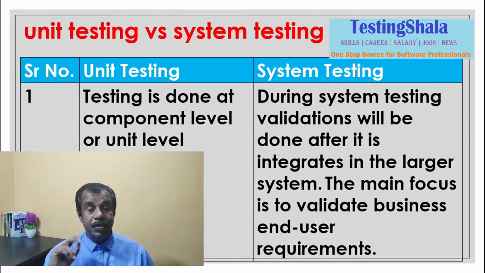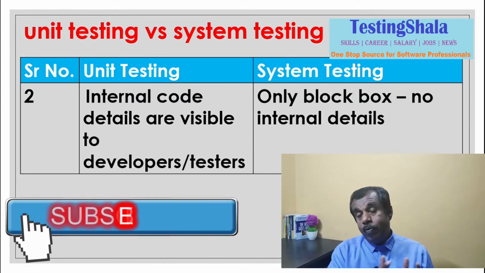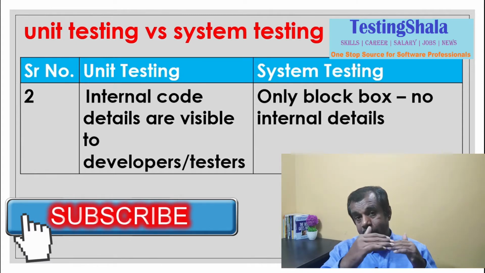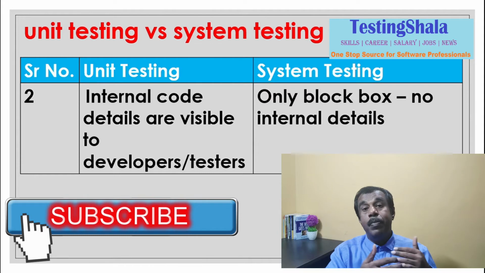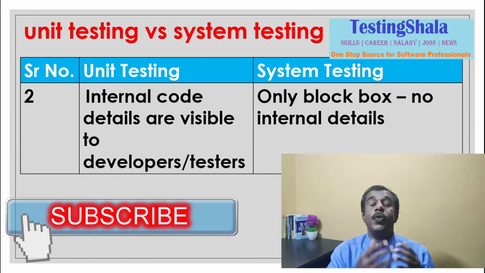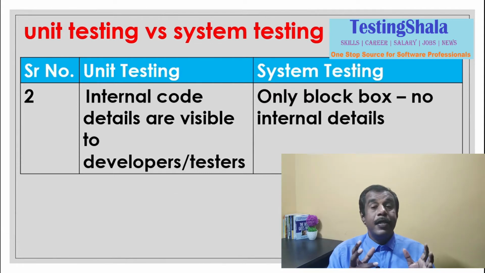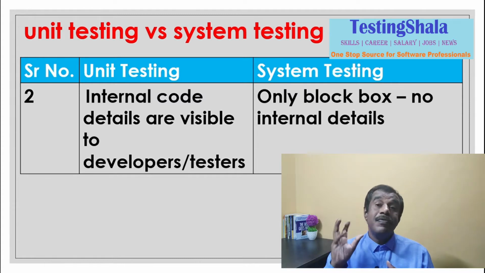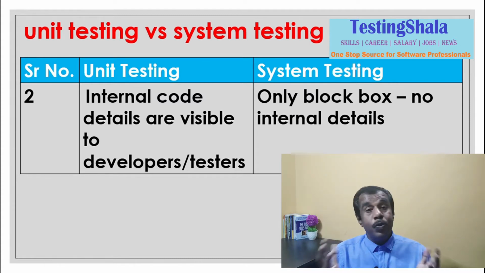The second difference is that in unit testing the developer will have every detail. They can understand which line of code and they're able to debug everything. They will know this when they're writing the unit test cases. But for the tester, whenever we write test cases for system testing, we have no clue how the integrations happen or how the code has been written.